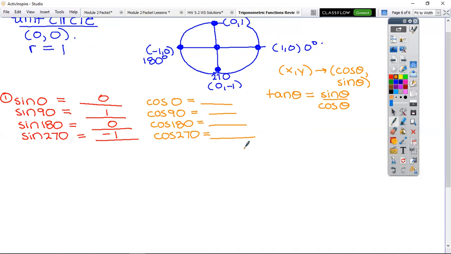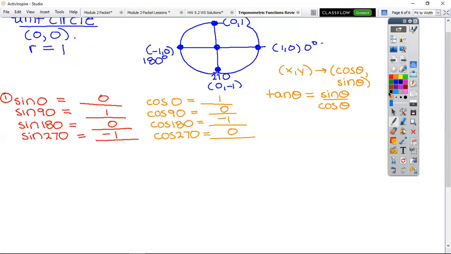So now I'm going to grab all the x values. So x values are 1, 0, negative 1, 0. Last column is tangent. Tangent is sine divided by cos.